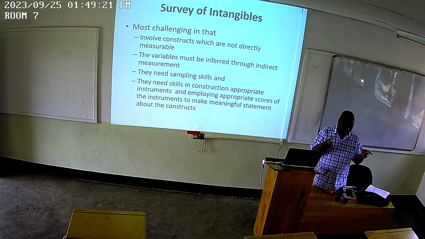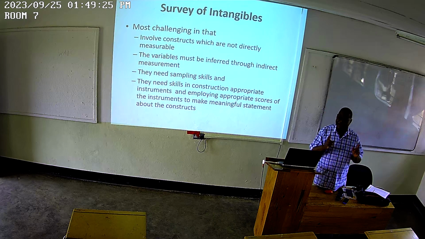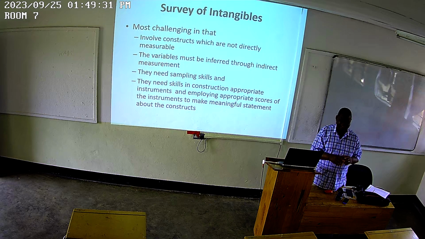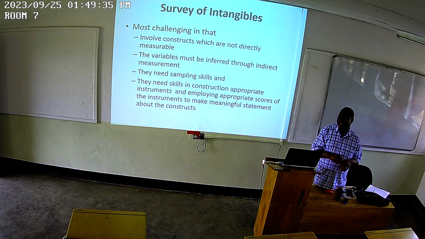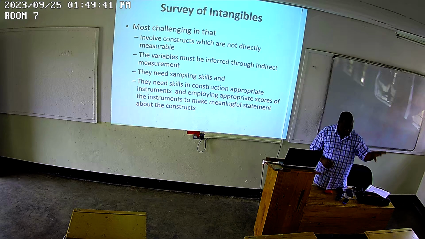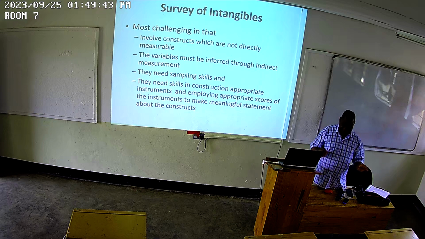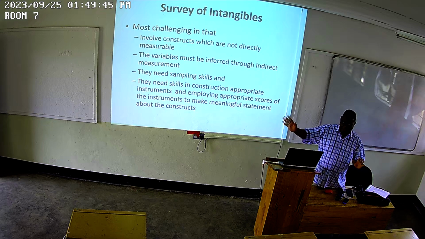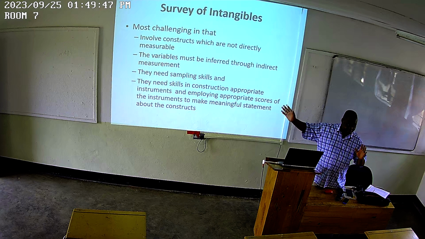That's one of the reasons people talk about pilot testing: to test whether the instrument is reliable. So they take the questionnaire to a community outside the community where you want to conduct your study. Let's say, for example, we wanted to conduct a study about people's income in area 15.